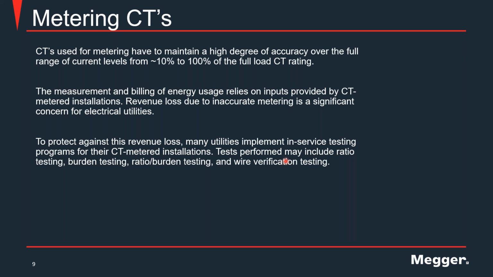Now, to protect against this revenue loss, many utilities implement in-service testing programs for their CT metered installations. We will talk in the presentation about the tests that you're supposed to perform on CTs to prevent those losses that we were just talking about.